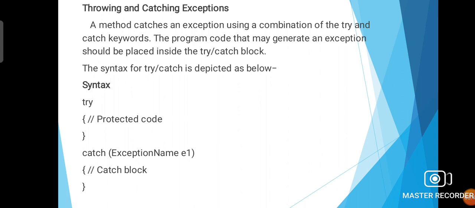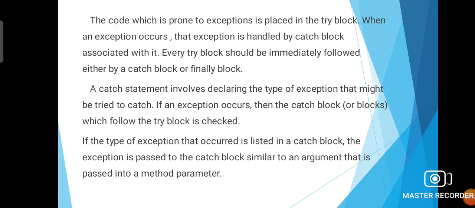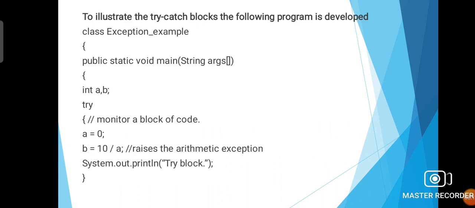The exception handling will be performed with the help of the combination of try and catch blocks. So, as we said previously, the code which is prone to exception will be placed under the try block. When an exception occurs, it will be handled by the catch block associated with it. Every try block should be immediately followed by a catch block or finally block.